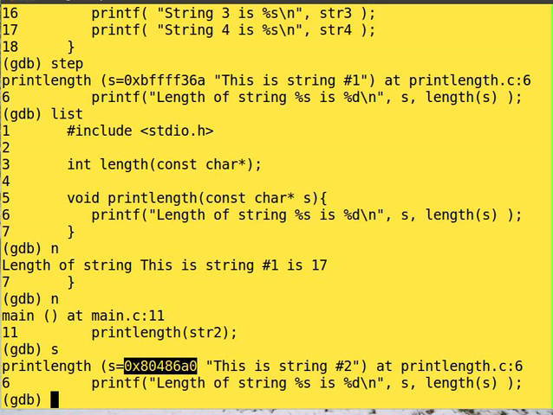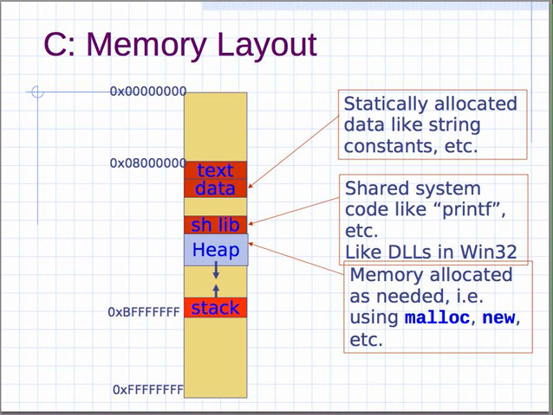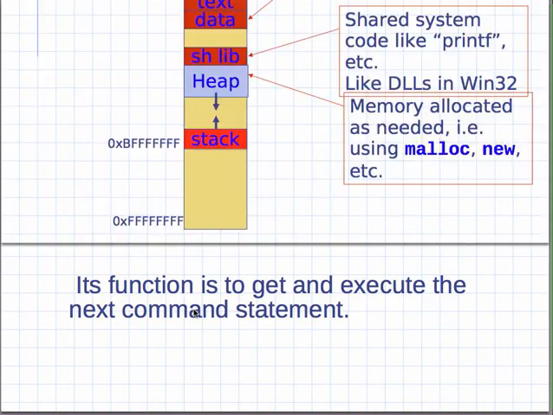So that's the kind of thing you want to be able to tell just by looking at some of the addresses. You don't have to remember these things for a quiz or anything, but recognize these addresses. You can then tell what's on the heap versus the stack. That's a very useful thing to know.